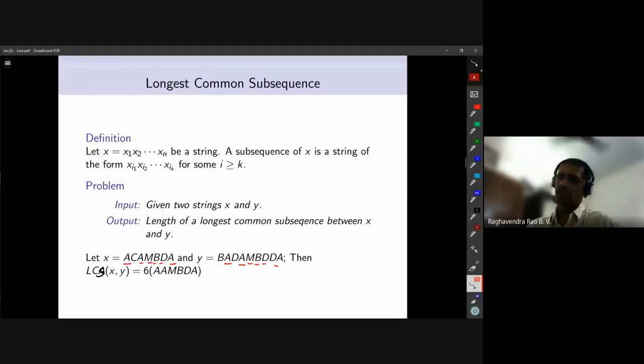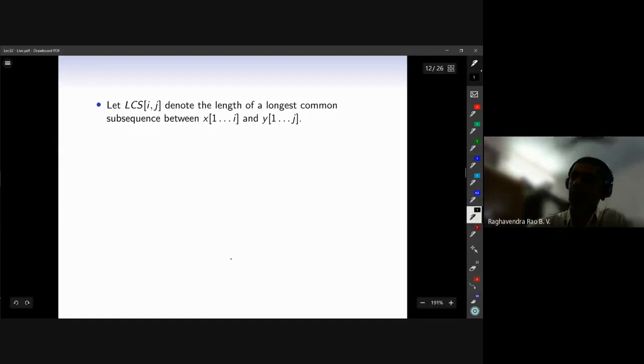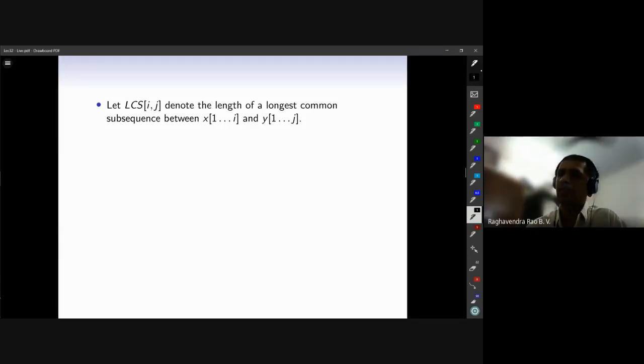So let's try to get a recursive algorithm, though it is easily an iterative algorithm too. We'll have this value LCS(i, j), the length of a longest common subsequence between prefixes of x and y.